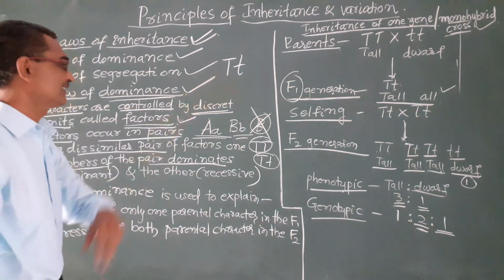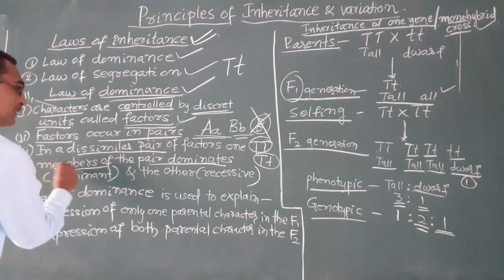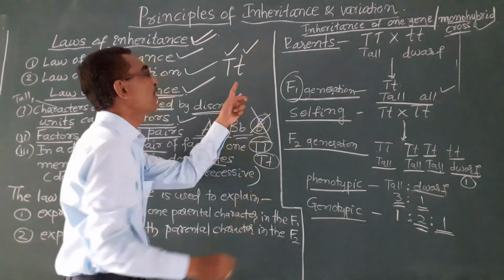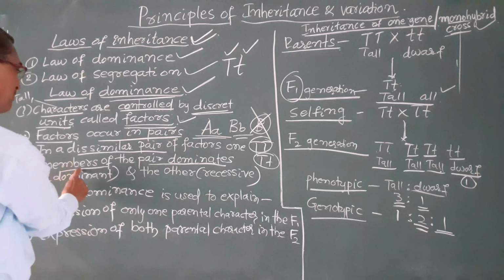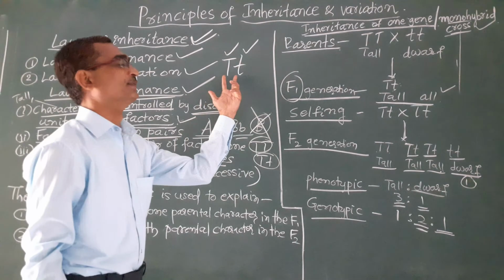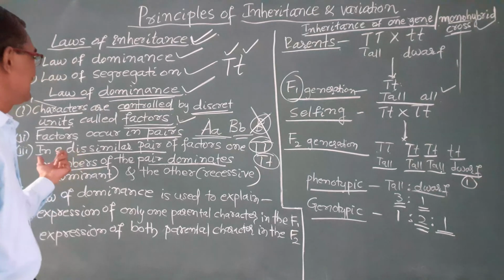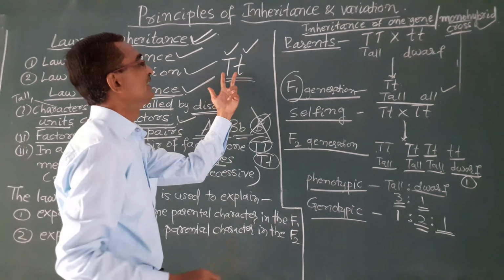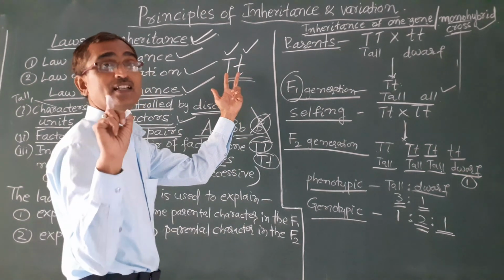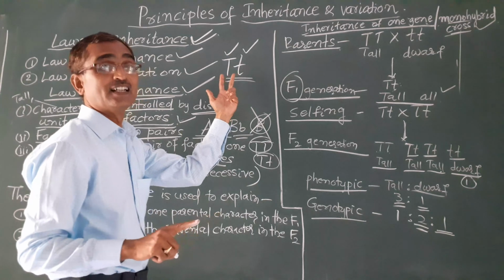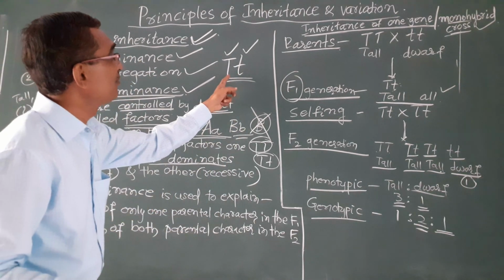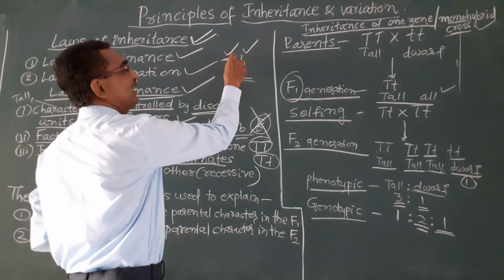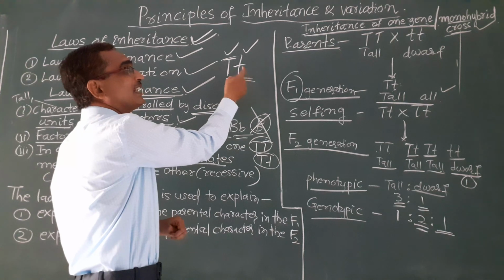If there are two members, one is capital T and the other member is small T, and one member of the pair dominates. Dissimilar means these two are not alike: one is a capital T and the other is a small t. So one member dominates over the other. Here, capital T is dominating over the other member, small t.